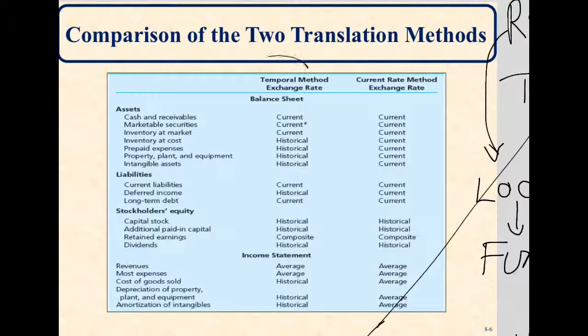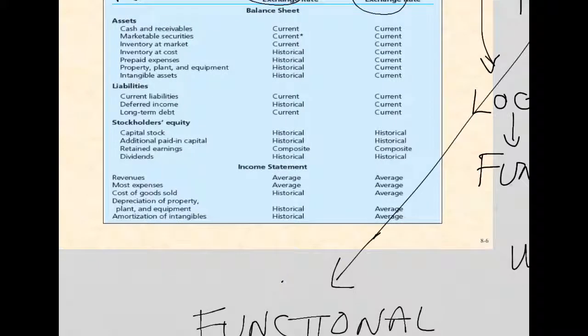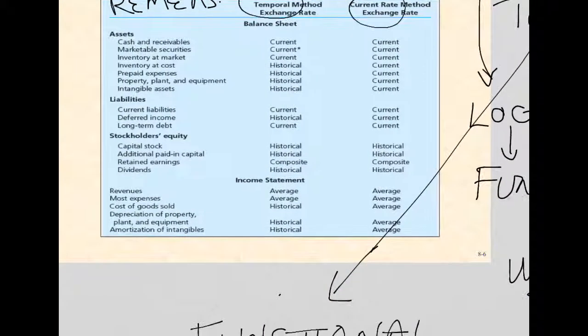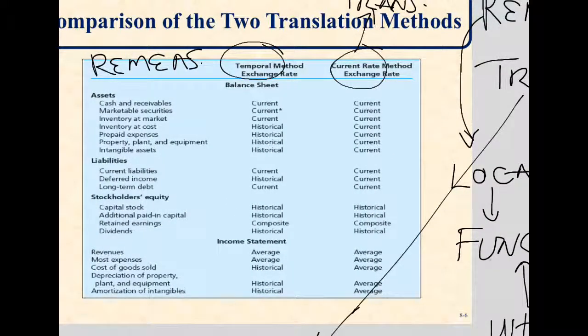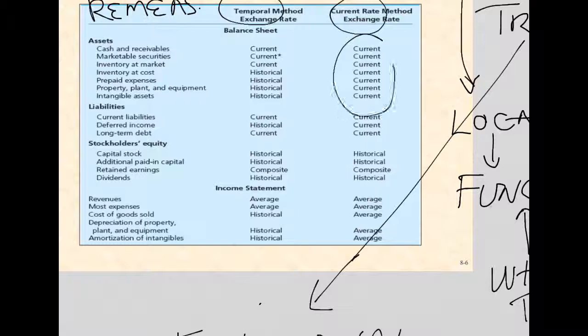The temporal method is really your remeasurement, and the current rate is really your translation. The difference between the two we spoke about yesterday is that for the most part the temporal is historical. We discussed the reasons why, and for the most part your translation to the reporting currency is mostly in current. So you're going to see the words there. That's the difference between the two.